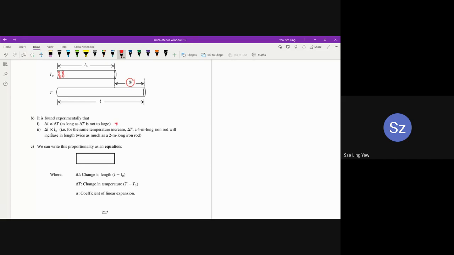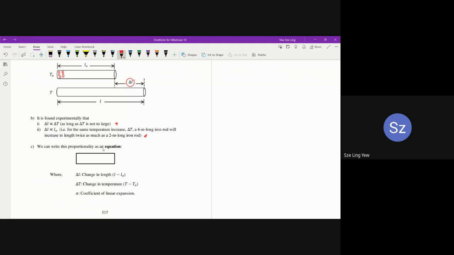And the second thing that they found: if you have a longer initial length, for the same temperature increase, a 4-meter long iron rod will increase in length twice as much as the 2-meter long iron rod. So the change in the length is directly proportional to the original length. These are the findings from the experiment.